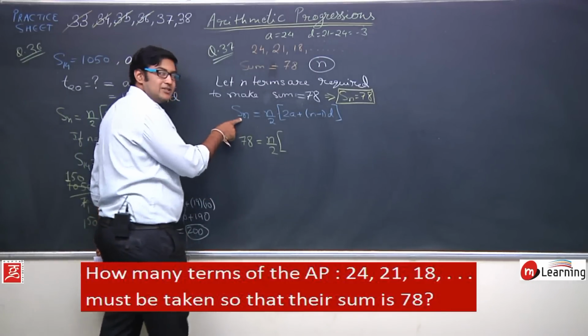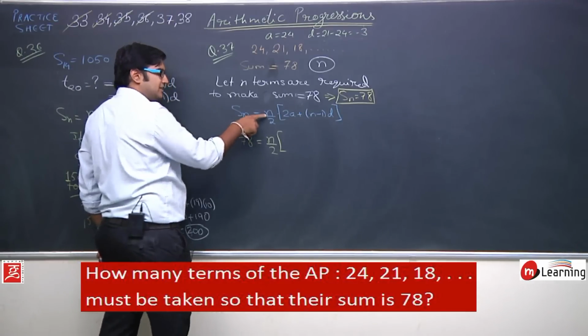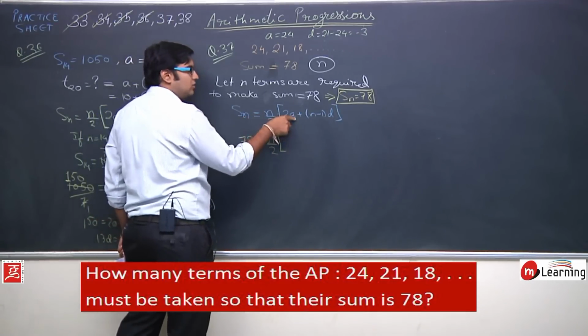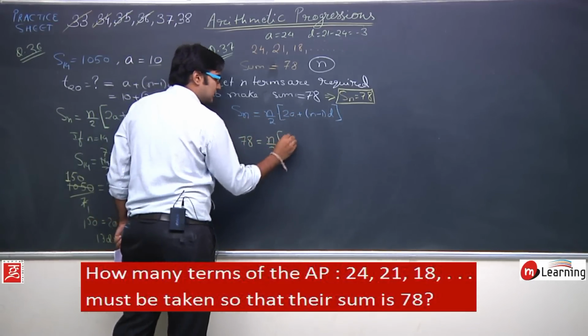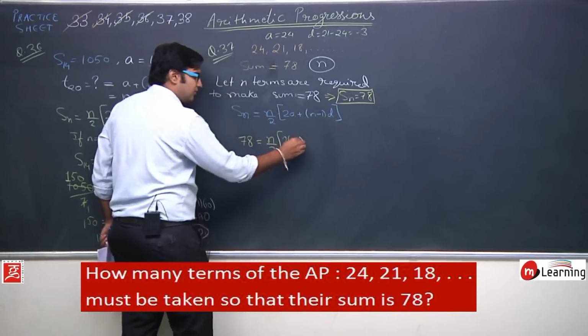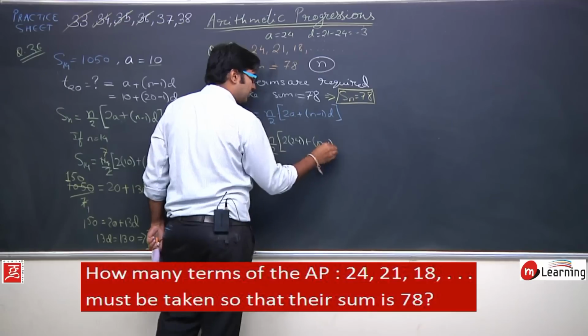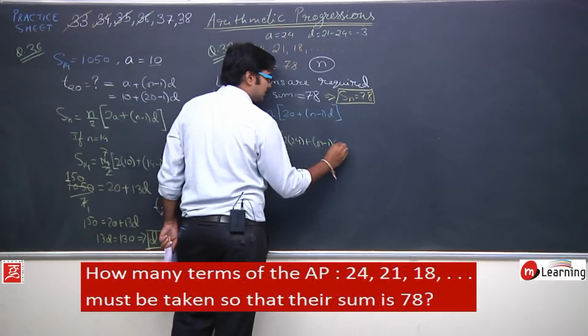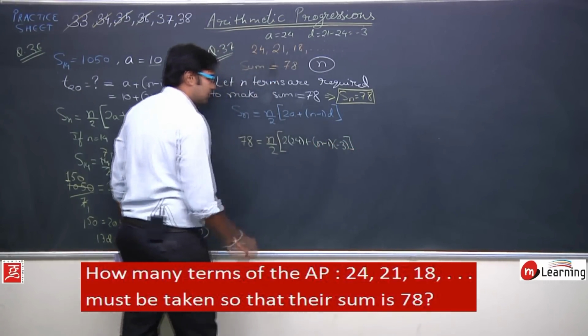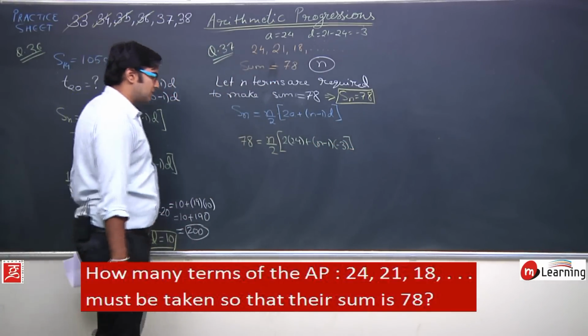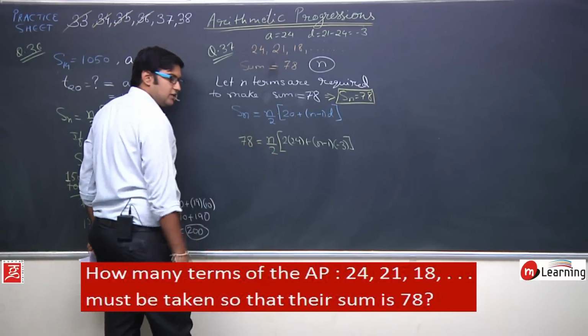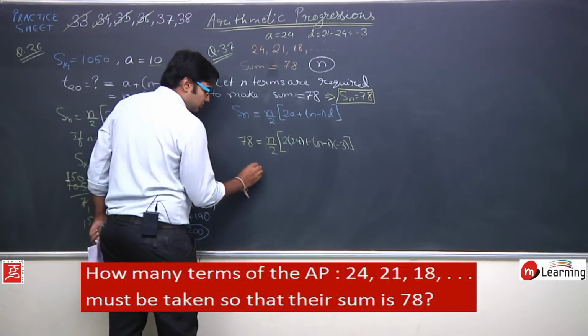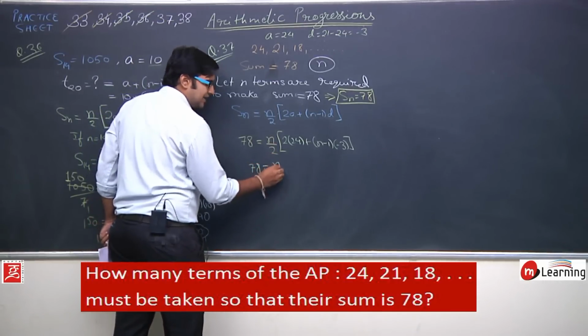So in place of Sn I have written 78 is equal to n by 2 into the bracket 2 into a. 2 into a is 2 into 24 plus n minus 1 into d, which is minus 3. Okay, the value of d is minus 3. So let us write it like this only.